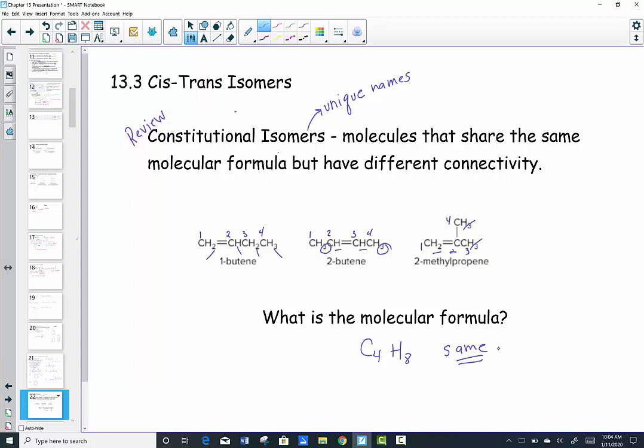Therefore, by definition, they're called constitutional isomers. But notice that the location of the double bond or the number of carbons in the longest carbon chain are different, right? So they're connecting their atoms in a different order. That's what we call a constitutional isomer. They are different molecules. They have different reactivity. They have different physical properties. The only thing they have in common is the number and kind of each atom in their formula.